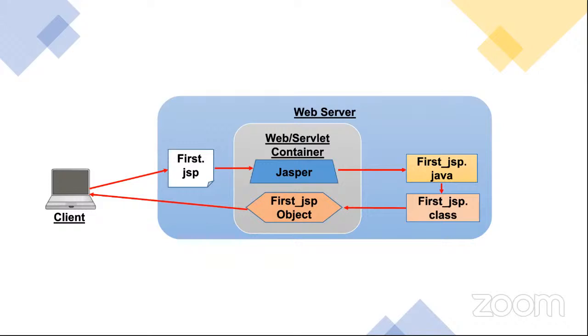So when we say it is an extension, obviously the container which belongs to servlet will be accessible for JSP as well, right? So the web server, whenever it accepts a request, forwards that request to the web container or servlet container. Here, especially in JSP, there is a concept of the JSP parser, or Jasper.